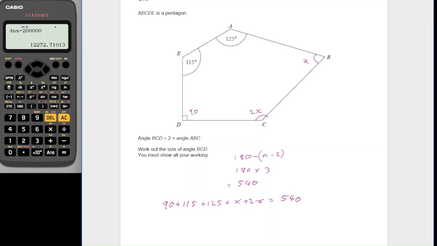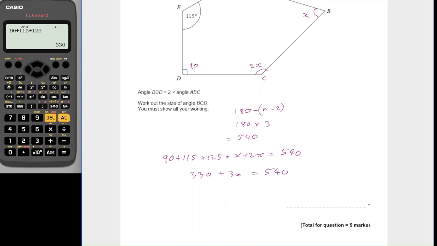So let's simplify the number part. So 90 plus 115 plus 125 gives us 330 plus 3x is equal to 540, so minus 330 from both sides gives us 3x is equal to 540, I'm just doubting my own maths at the moment.